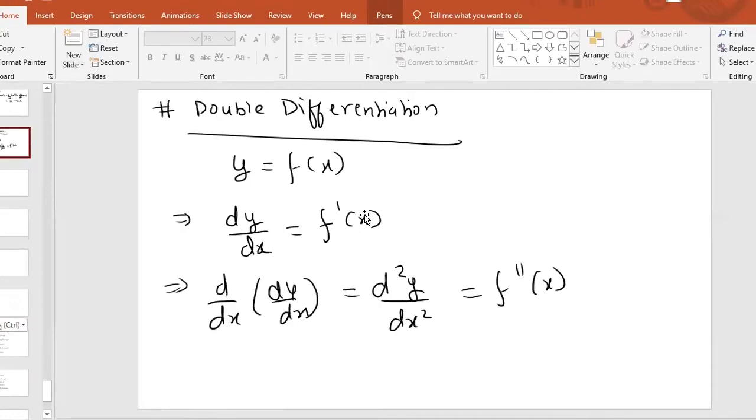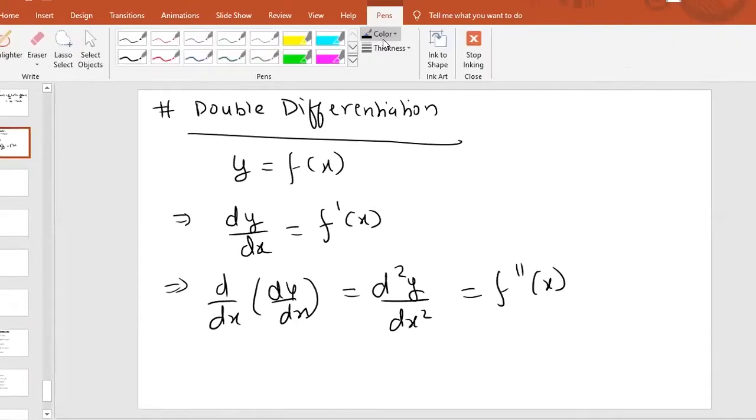Differentiation can be represented in two ways: either you can write dy by dx, or you can write f dash of x. This is a way of representing the differentiation. Both are the same thing only.